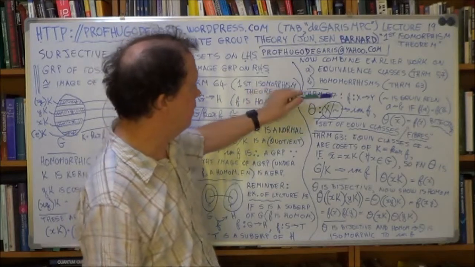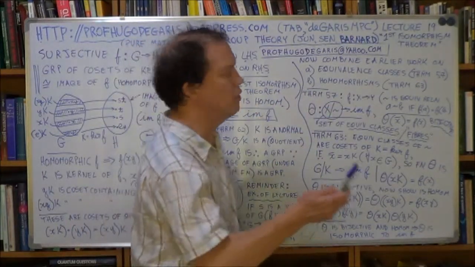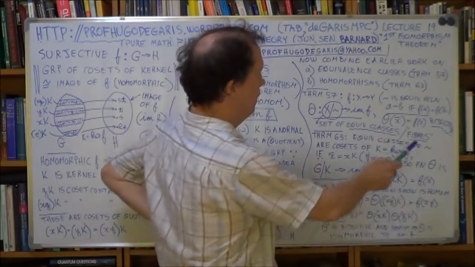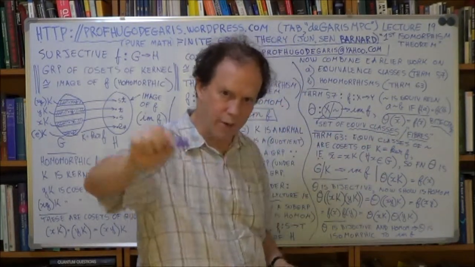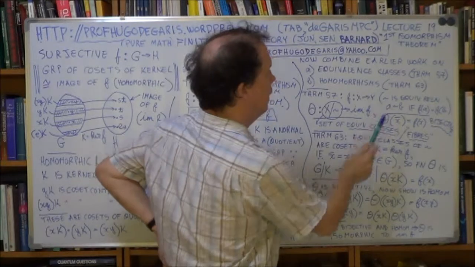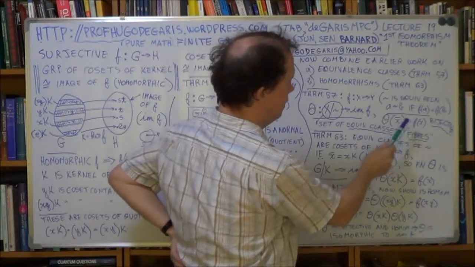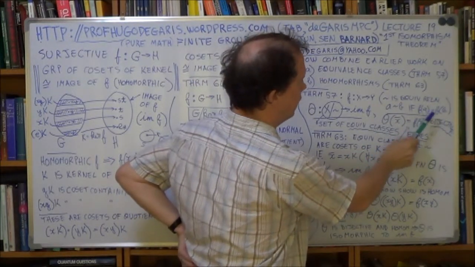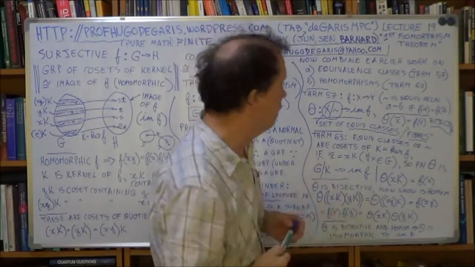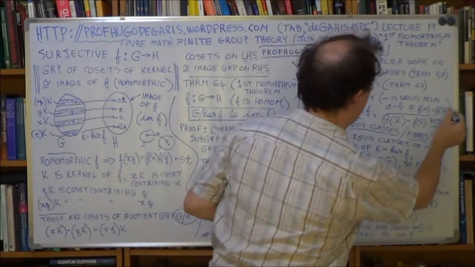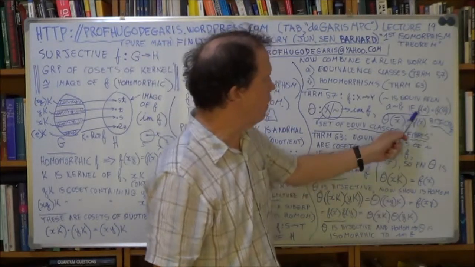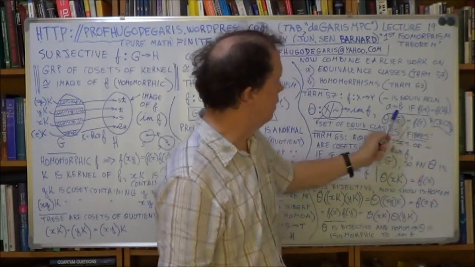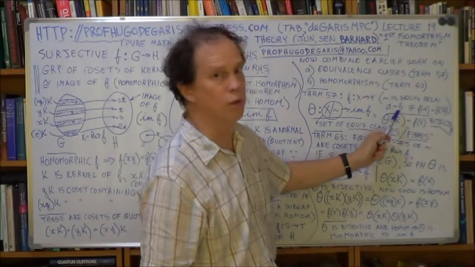And Theorem 57 says the equivalence relation, tilde, like this, one sine wave, right here, is defined if f of A equals f of B. In other words, if that's true, then A and B are equivalent. Right?